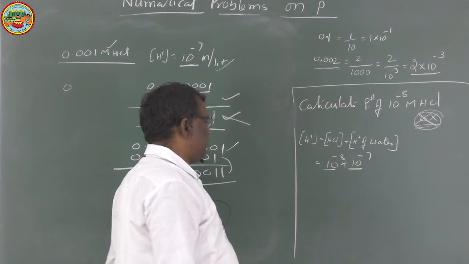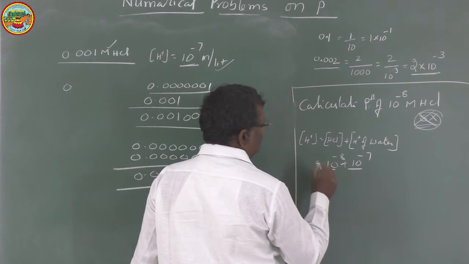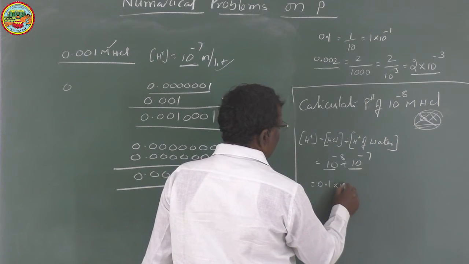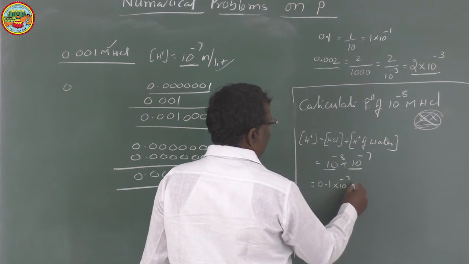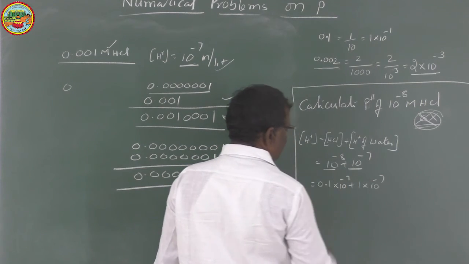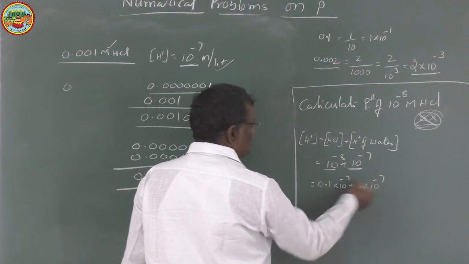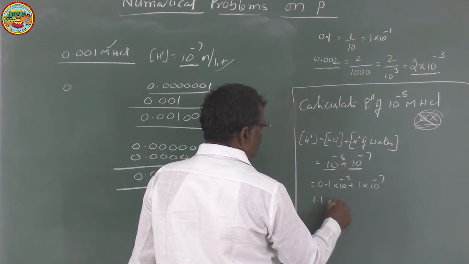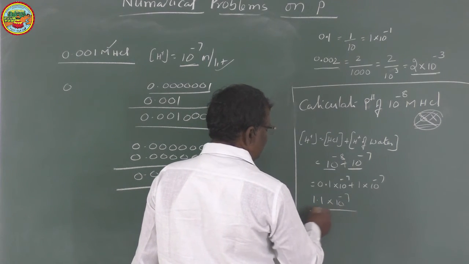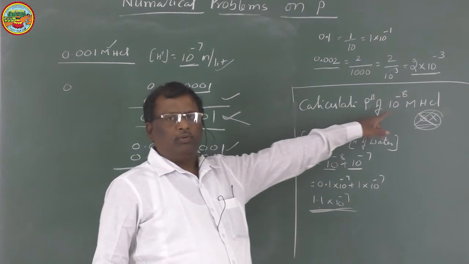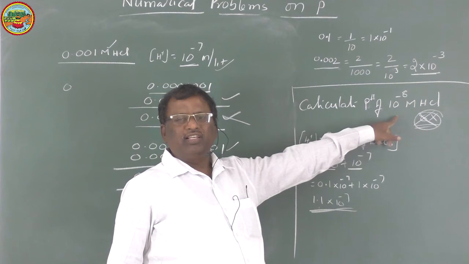It can be written as 0.1 into 10 to the power minus 7, and this can be written as 1 into 10 to the power minus 7. Now if you add these two, you will get 1.1 into 10 to the power minus 7. This is the H plus ion concentration in 10 to the power minus 8 moles HCl.